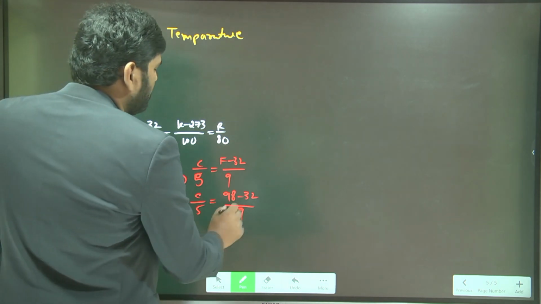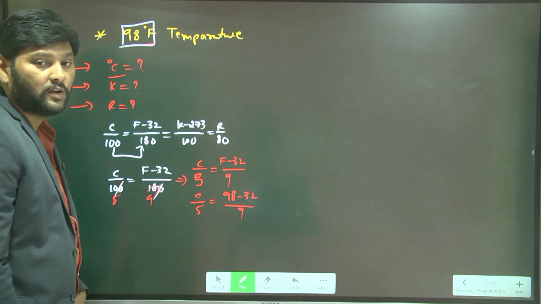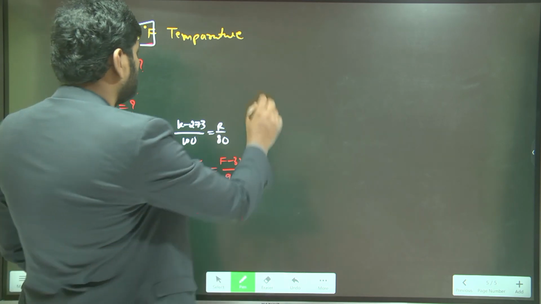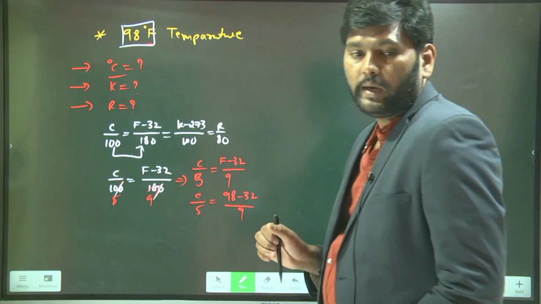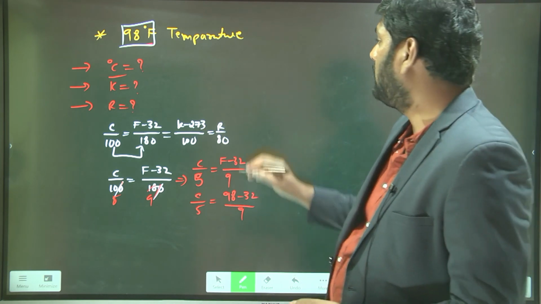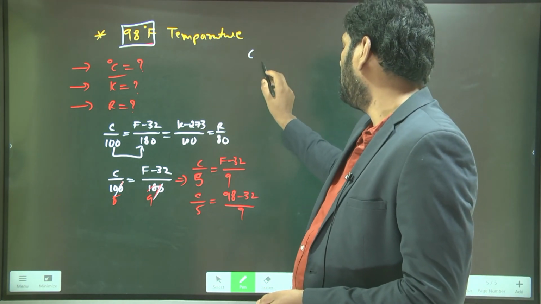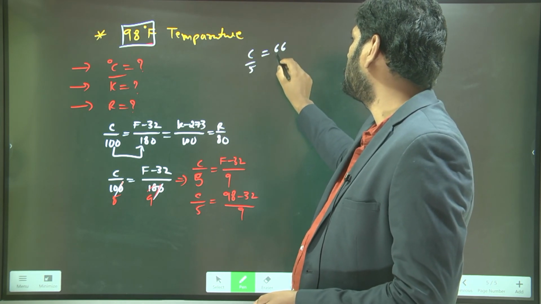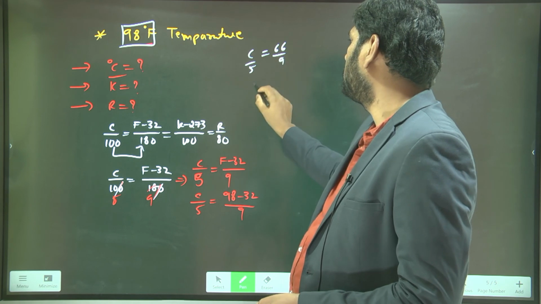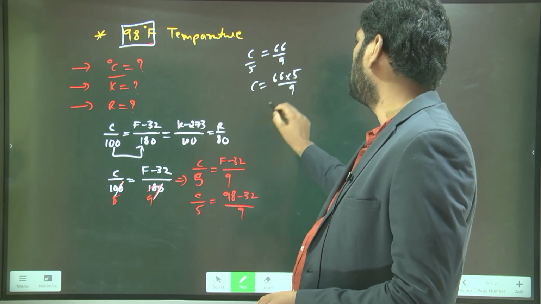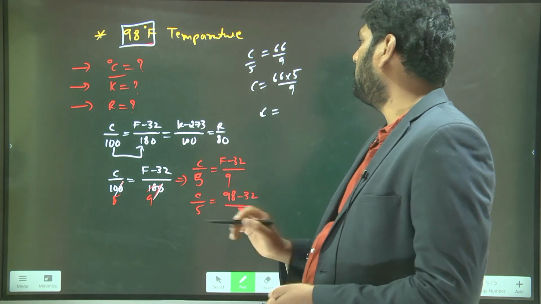What is the value of 98 minus 32? 66. Very good. By 9. C by 5 is equal to 66 by 9. C is equal to 66 into 5 by 9.